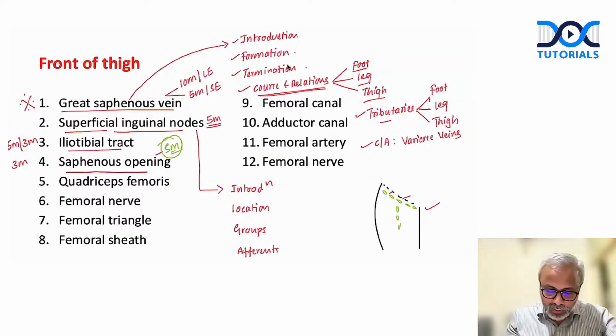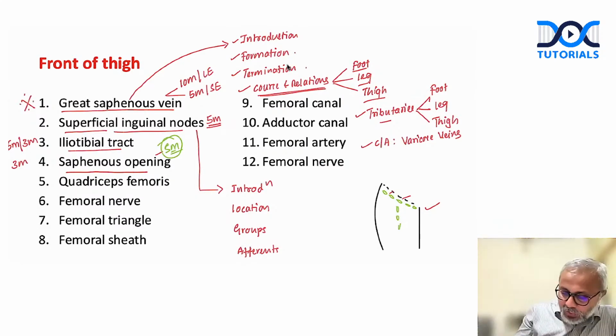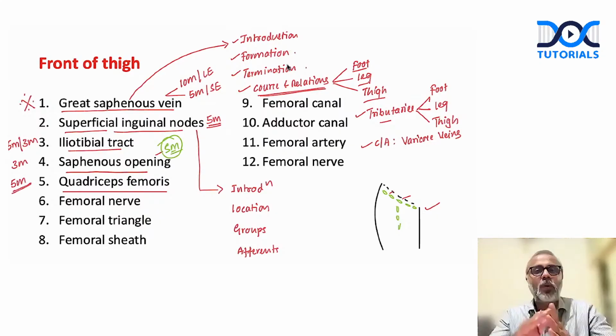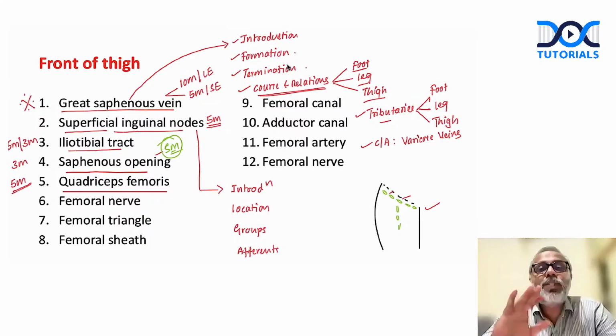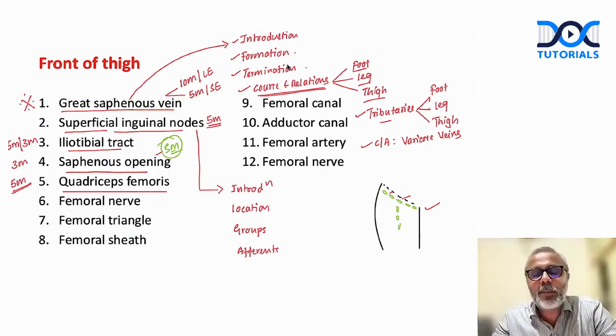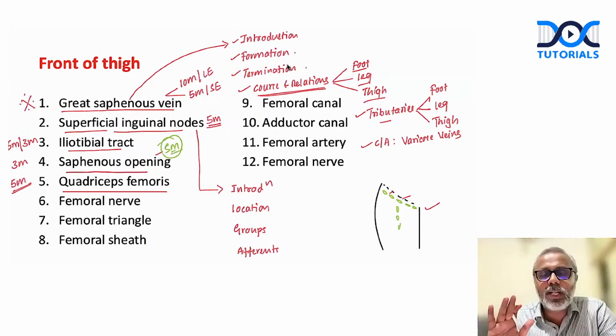Right? Then, in the front of the thigh, if they ask about muscles, the quadriceps femoris can be asked as a 5-marker usually. We have not seen a long essay on quadriceps femoris. This could be a very important 5-marker question. How is quadriceps femoris formed? What are the components?